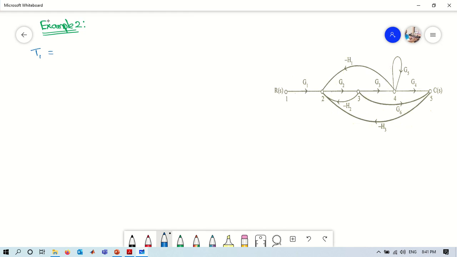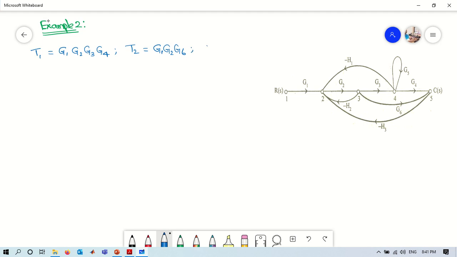The first forward path is identified as G1, G2, G3, G4. Then the second forward path comprises G1, G2, G6. So T2 is equal to G1, G2, G6.